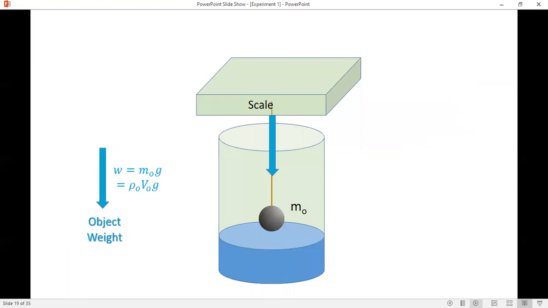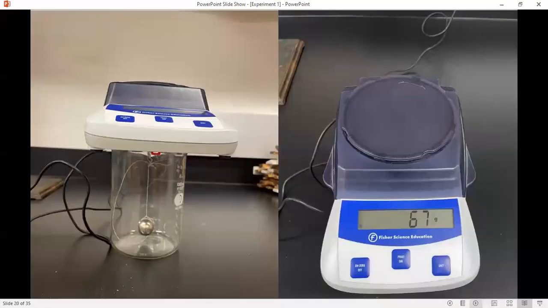So once again, think about this. My first reading is the direct mass. And again, what the scale is really measuring is M0 times g, okay? That's the weight of the object. You can see my setup right here.